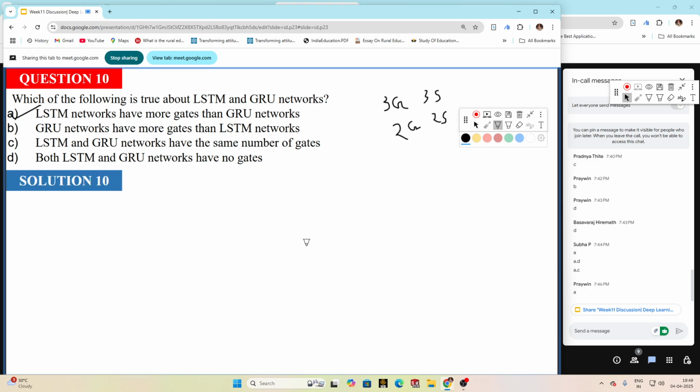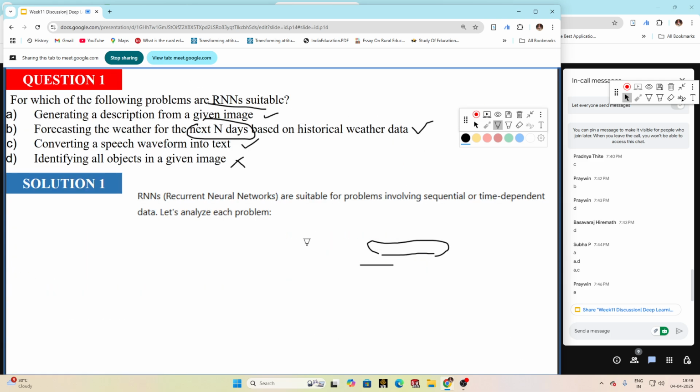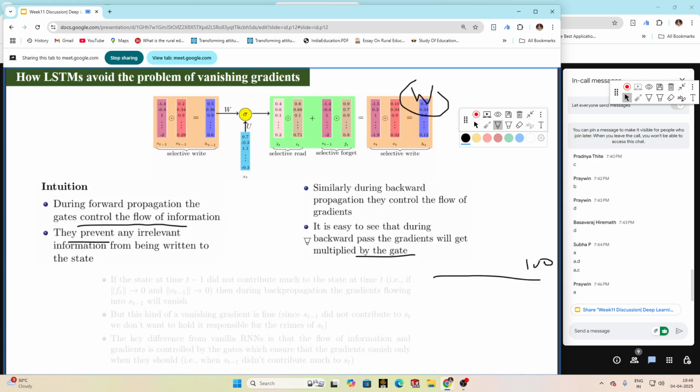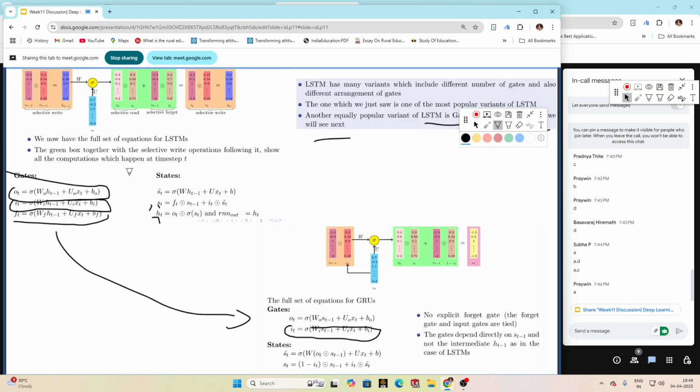You can refer to this formula. LSTM has three gates and 3 states. These are the formulas of your GRU. GRU has 2 gates and 2 states. Why do we have 2 gates? We are not removing the forget gate, we are actually accommodating it inside the input gate, writing it as an implicit input gate, and we have these 2 states.